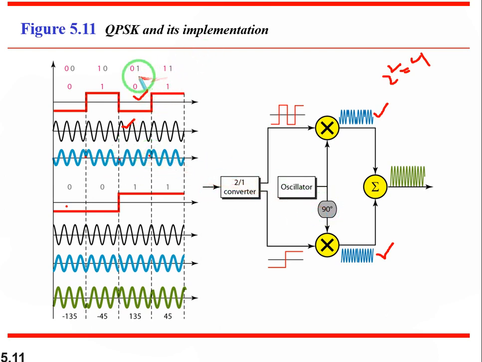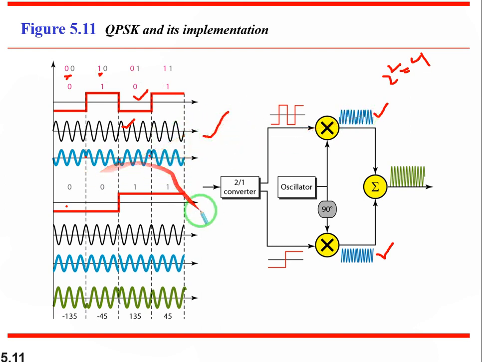But just keep in mind, we are taking 2 bits at the same time. This is quadrature, and in quadrature phase shift keying, when the bits change, the phase changes by an angle of 90. This is the first graph.